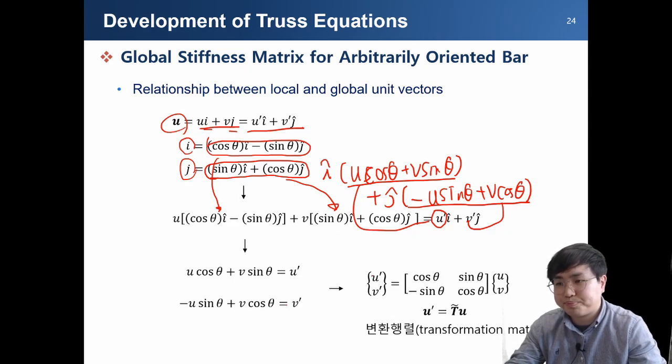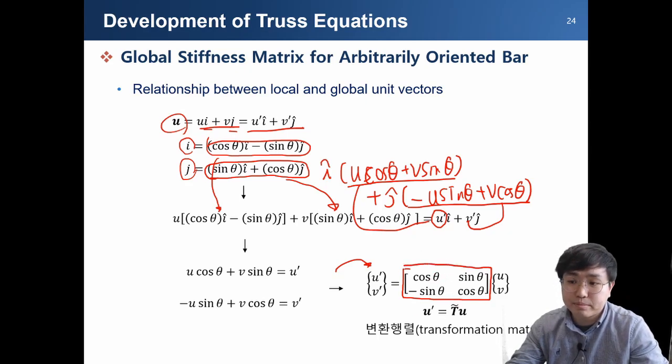So we can change this into matrix form. We obtain this relationship, and at this stage we obtain some 2x2 matrices. These are the transformation matrices. I think you are already familiar with this kind of matrix.